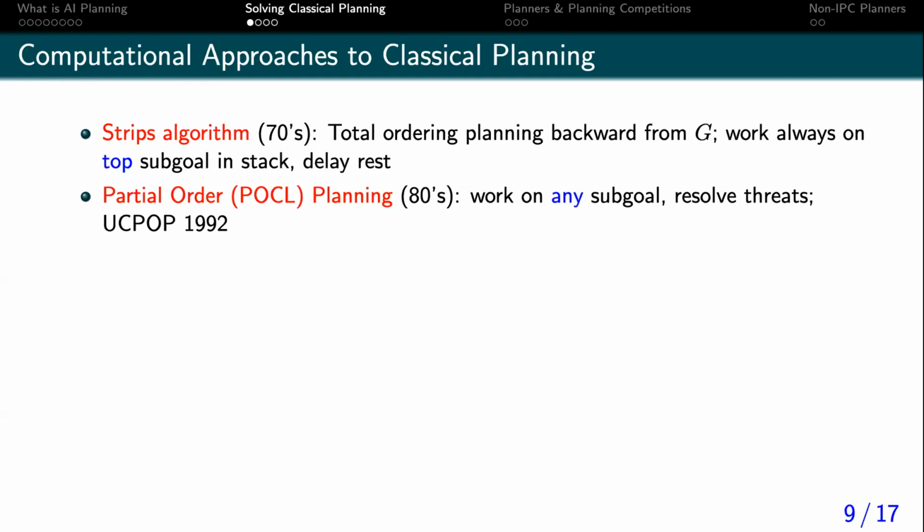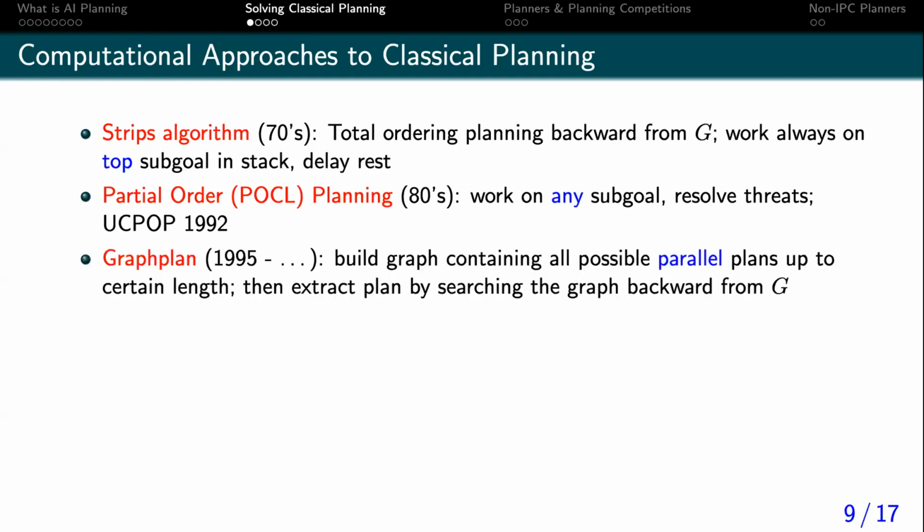Partial order causal link planning performs a search in the space of partial plans. GraphPlan constructs a graph in a forward manner that encodes all possible parallel plans up to a given bound, and then performs a backward search in the constructed graph.